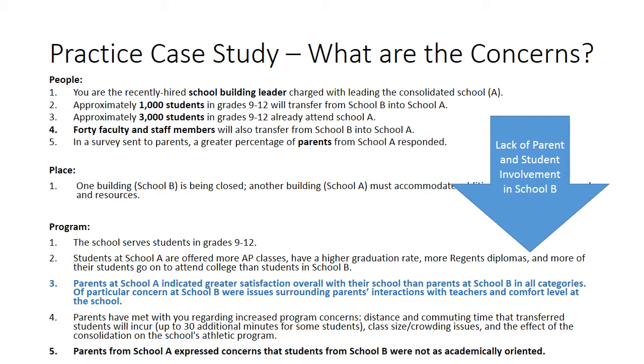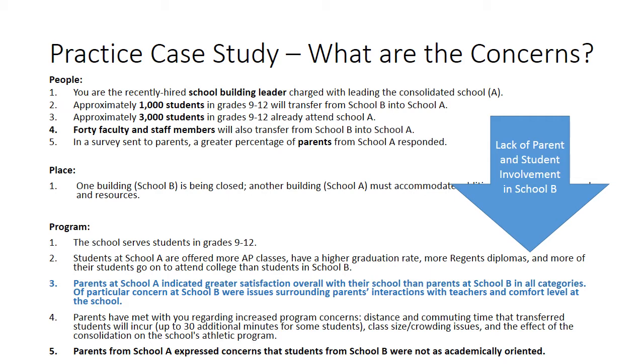We might also include number 5 under people. In a survey sent to parents, a greater percentage of parents from School A responded. So we're slowly developing a picture that students and parents who are in School A are more involved, more comfortable with school. So that is a second issue.